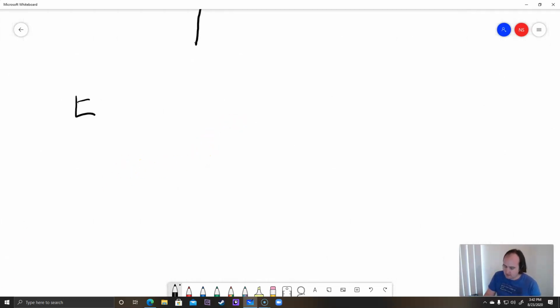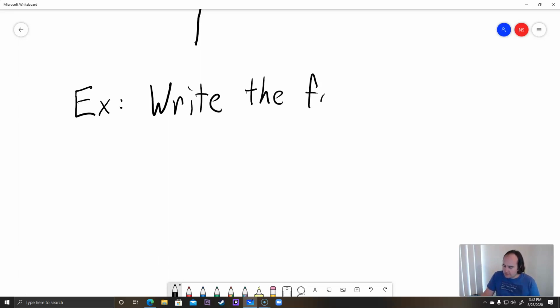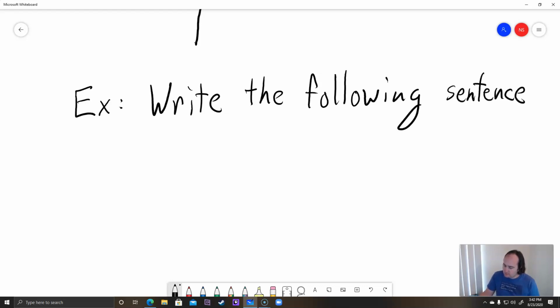Okay, so example. Write the following sentence as an equation. In other words, they're asking us to translate from English into math.